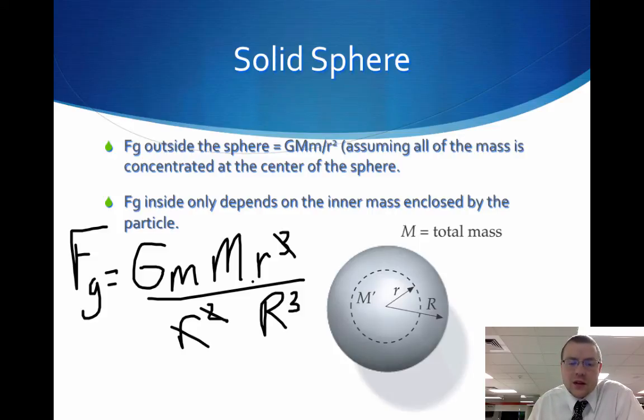So when you do that, now we've got a force of gravity equation here that is mass 1, mass 2, so you and the planet, but now it's all dependent on this little r distance, your distance from the center of the Earth out. I mean, if you get to the radius of Earth, little r just becomes big R. And now we're back to GMM over big R squared.